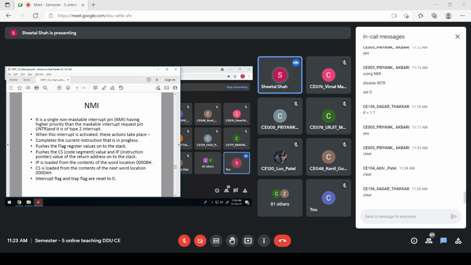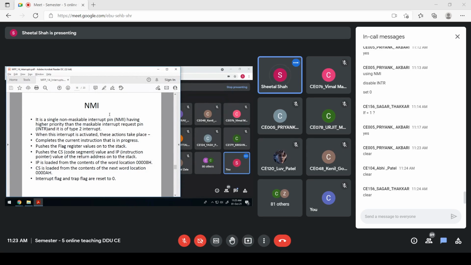The current execution of the instruction has to be completed. Push the flag register, push the CS and IP value. Now, the new CS and IP value should be copied from the type number 2, that is 2 into 4. So at the address 8, it contains the IP, the offset value of the ISR which is written for this NMI, and that would be copied into the IP register.